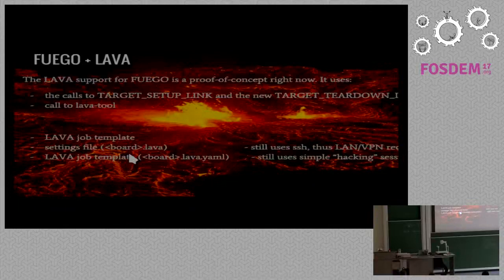And then we submit a job to LAVA to bring up the board. Therefore, I need a LAVA job template. I created a settings file with just environment variables for Fuego, fill in the kernel I want and so on, and construct my job for LAVA.